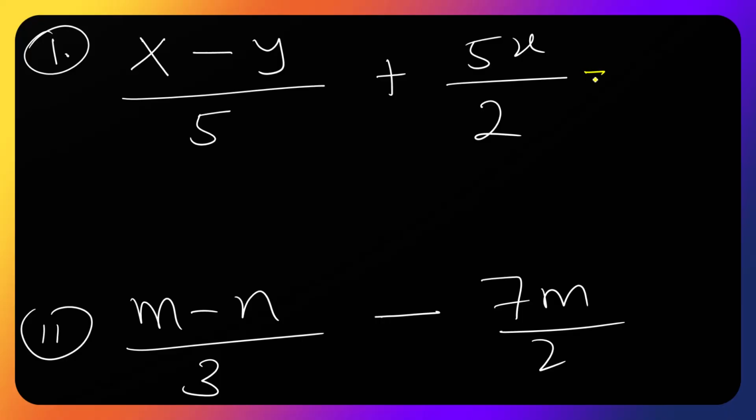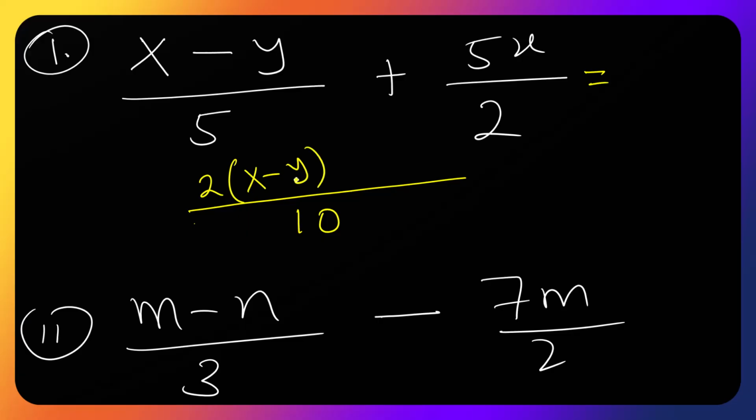We need to find the LCM of this and that. The LCM will straight away be 10. So 5 here, 2 there. We then multiply the 2 by the numerator: 2 multiplying x minus y. Be very careful, because the 2 will multiply the binomial here.